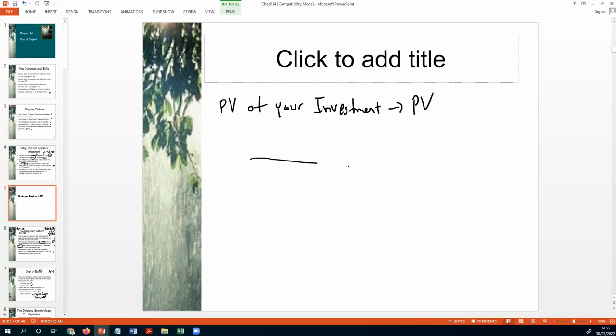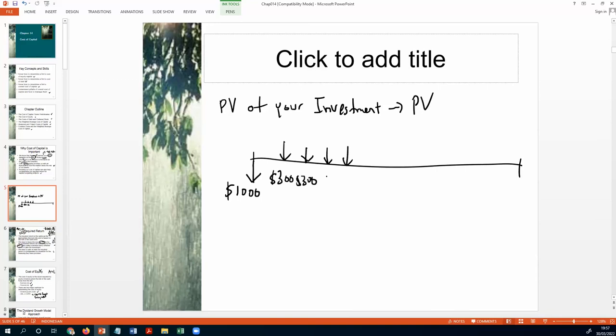Let's say you put an investment here, you buy machineries, etc. There is a cash outflow there, 1 million US dollar, and then cash inflow, let's say $300, $300, $300.